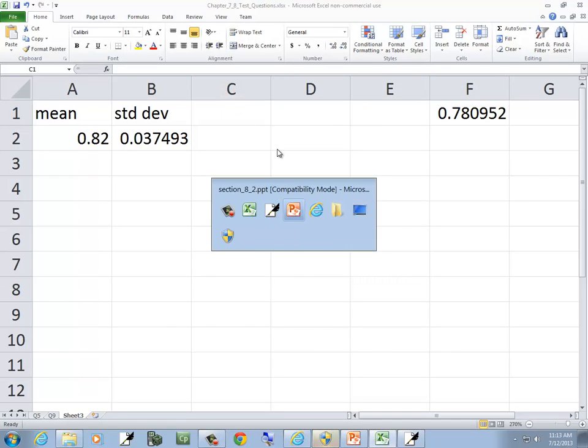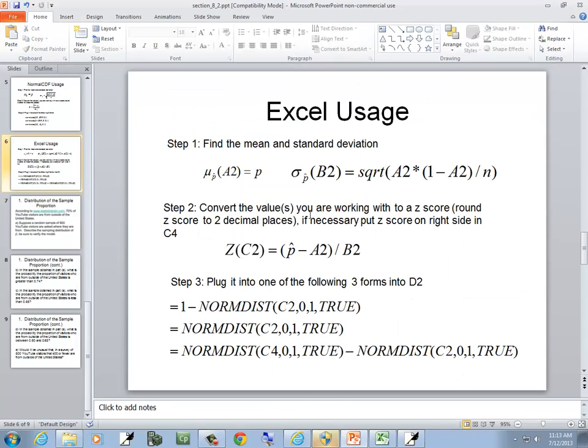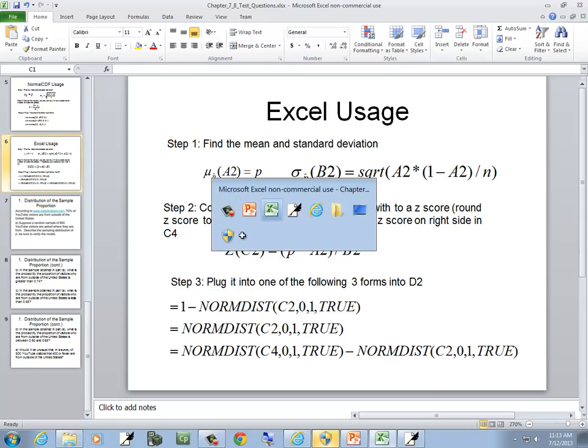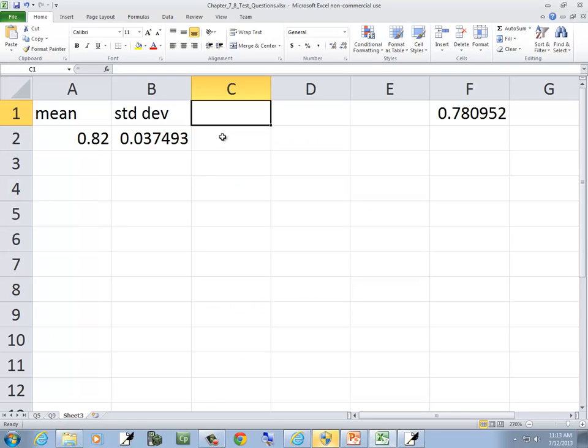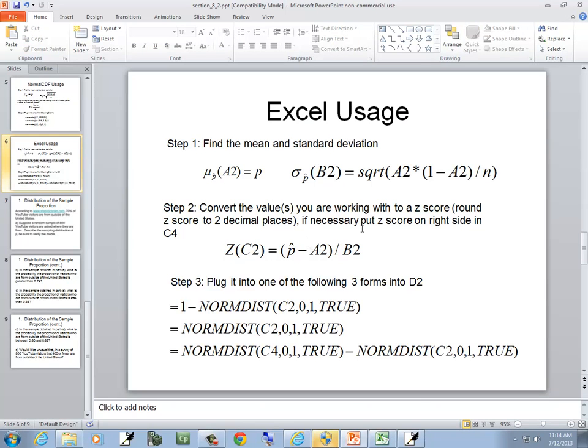So let's go back to our PowerPoint. Now convert the value you're working with to a z-score. Round z-score to 2 decimal places if necessary, and put z-score on the right side in C4. So we're going to put it in C2 here, but if you got another one, you could put it down here. So this is going to be our first z. We only have one. You'd have 2 if it's between 2 values.